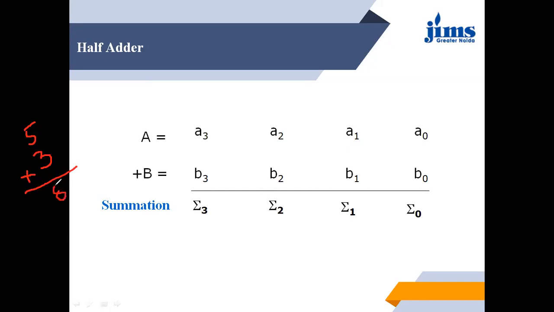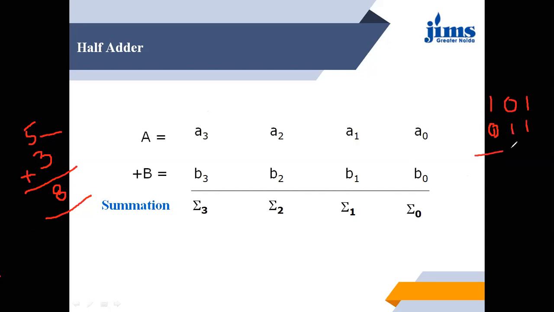But if I want to perform the same calculation in the machine, because we know that a machine understands only 0 and 1, the binary equivalent of 5 is 101. I told you how we can calculate this. And the binary equivalent of 3 is 011.